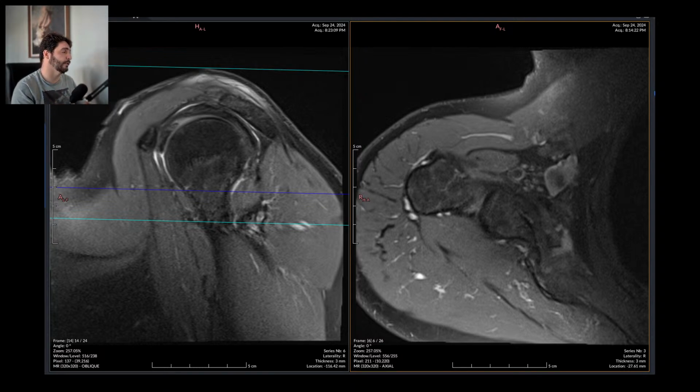There is arthrosis of the acromioclavicular joint. No articular joint effusion. The glenoid labrum is not okay.